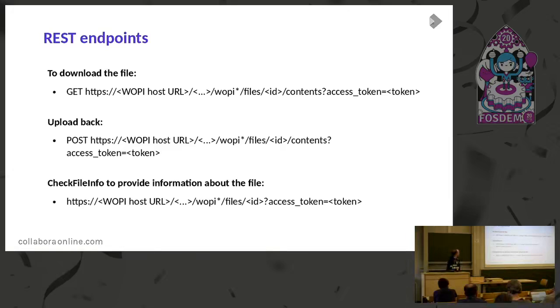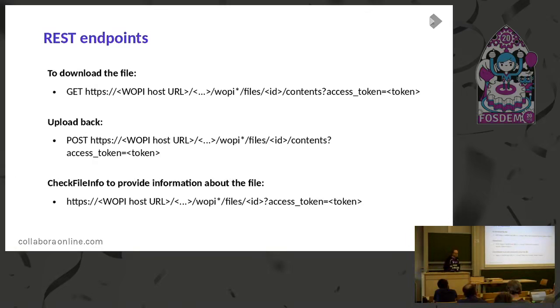So the next step, when you implement your integration, is to implement only three REST endpoints. One is for downloading the file, one is for uploading the file. So this sounds quite obvious. And we have a third one, the check file info, which provides information about the file.